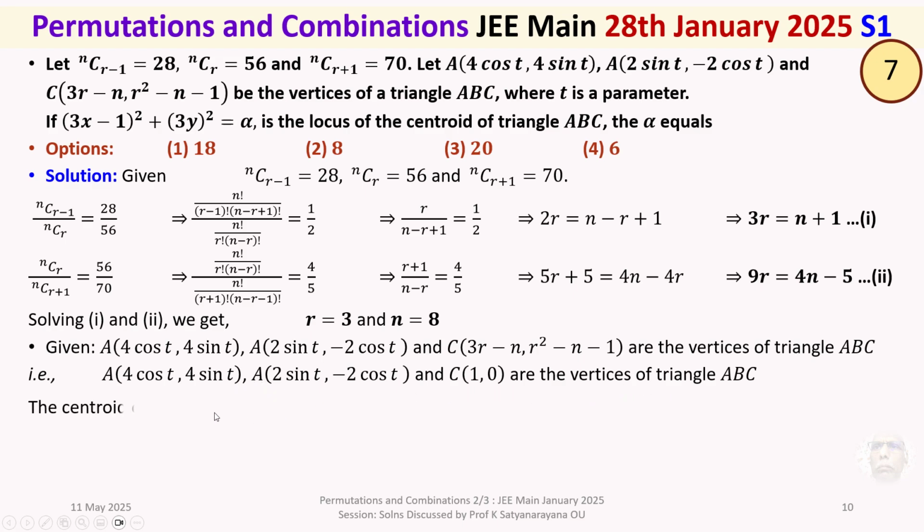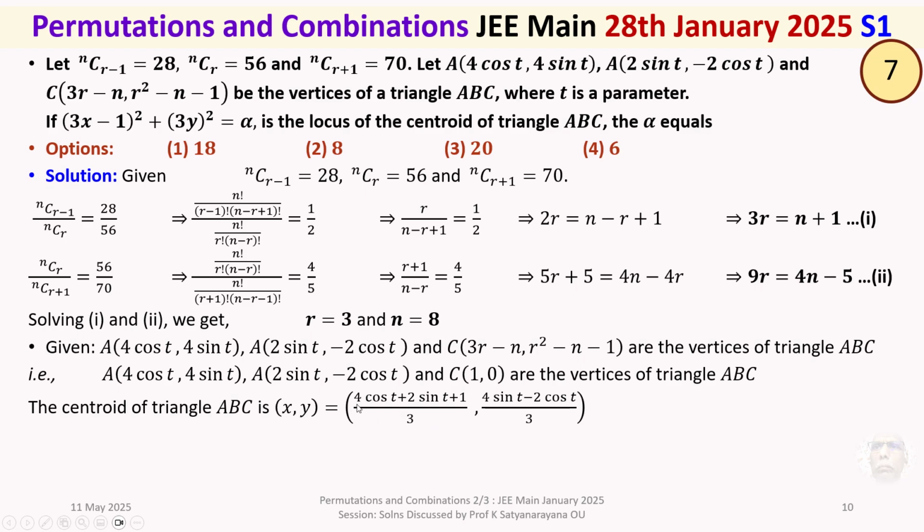And now the centroid is the sum of the abscissae by 3. That is x = (4 cos t + 2 sin t + 1) by 3. Y is the y coordinates, (-4 sin t - 2 cos t + 0) by 3. Right.